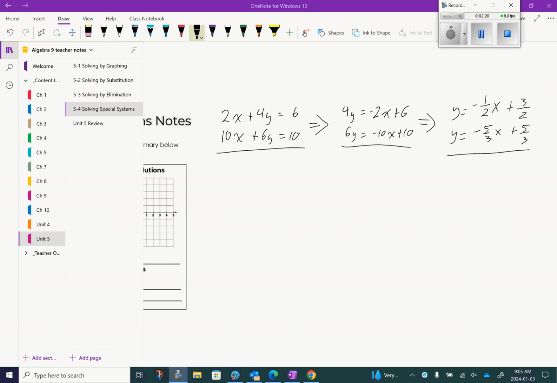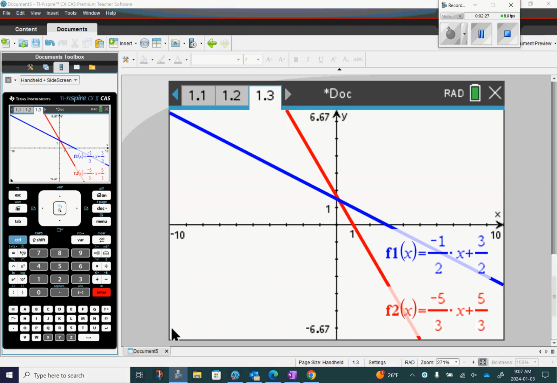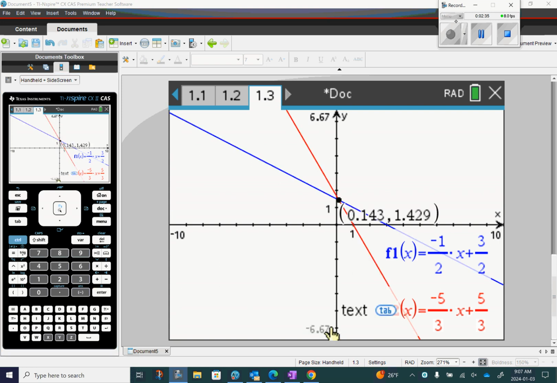For the sake of speeding these things up, I'm going to use my graphing calculator. So here are those two lines graphed, and clearly they intersect. It's not always a pretty point, but clearly they do intersect.